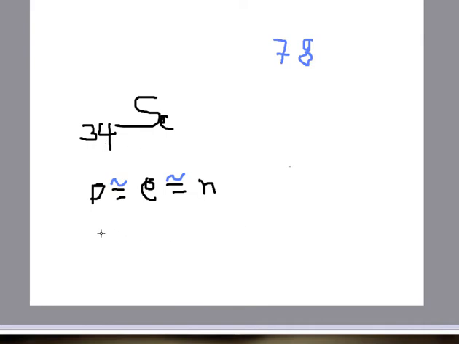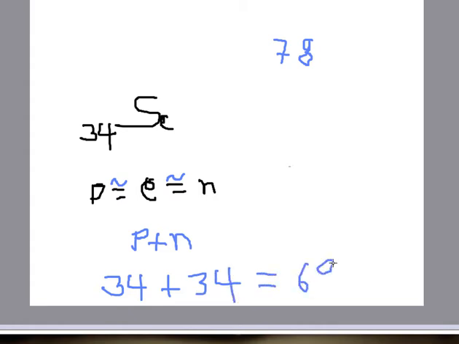According to us, if the atomic mass is the number of P plus the number of N, and if these two are equal, then 34 plus 34 becomes 68, and that would have to be the atomic mass, but it is not. Here it is 78.